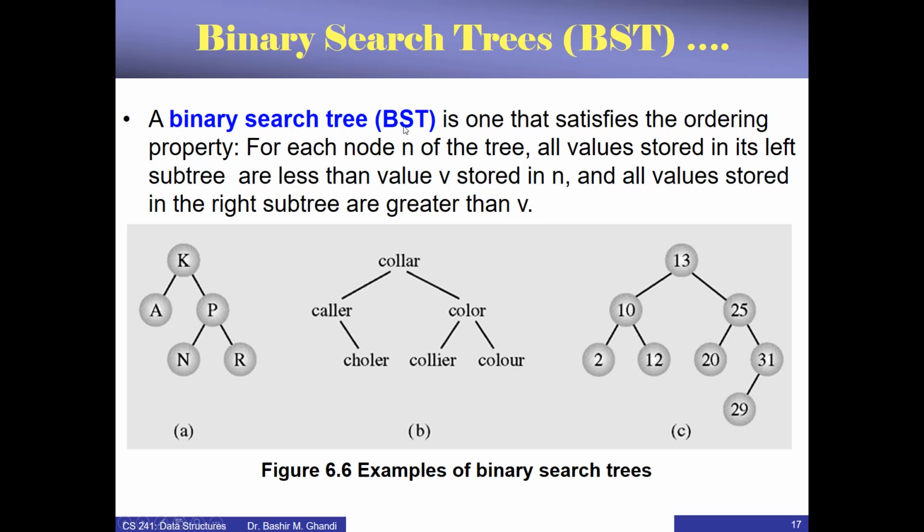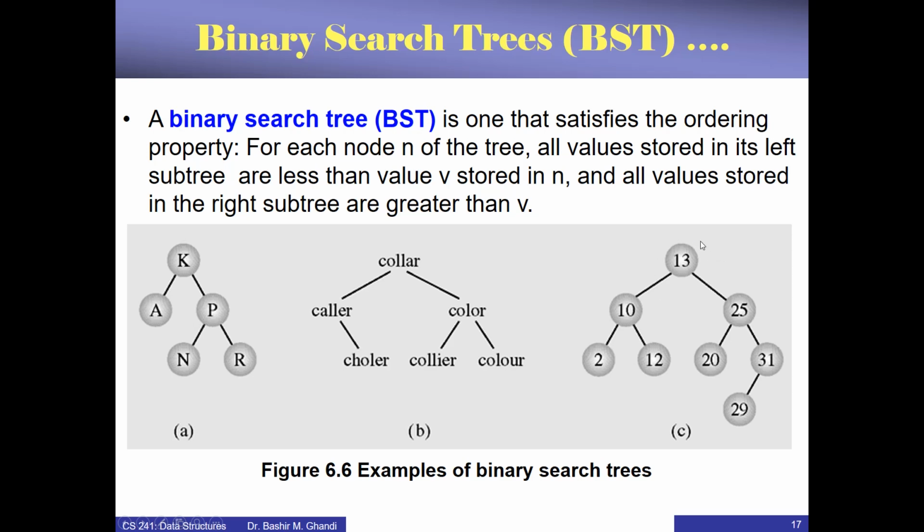Obviously the name BST or searching tree is coming from the fact that it is now easy to search for elements in this tree. It's going to be very similar to the binary search that you already learned from programming 2.